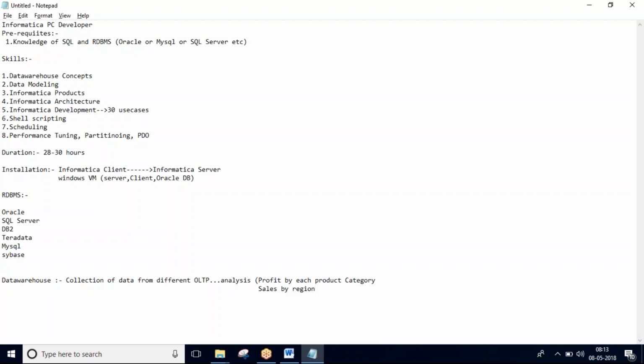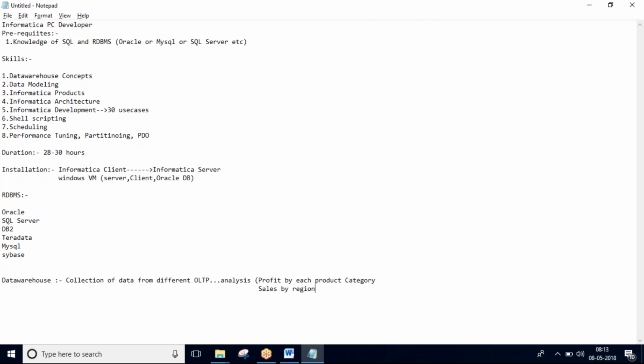Likewise, when you want to understand how your business is running, whether you're running in profit or loss, whether your marketing activities are effective, how many of your sales representatives are really doing a good job, and who is performing below the standard or benchmark that you have kept. All these kinds of analysis can be done by using a data warehouse.